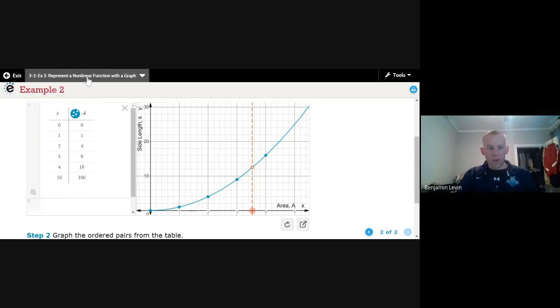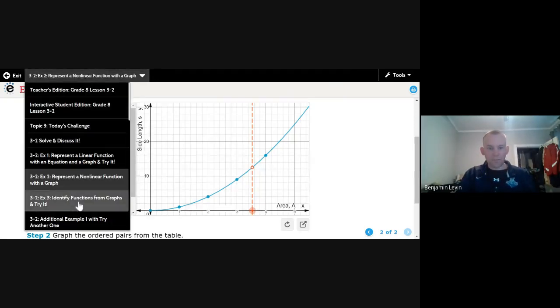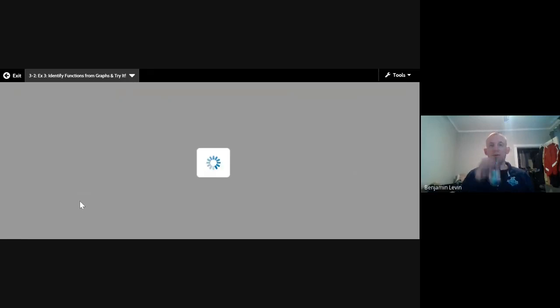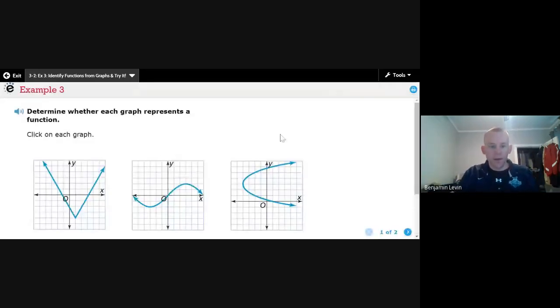Let's go to example 3. All right. Determine whether each line represents a function. This is getting at something new. I am going to tell you guys something new.